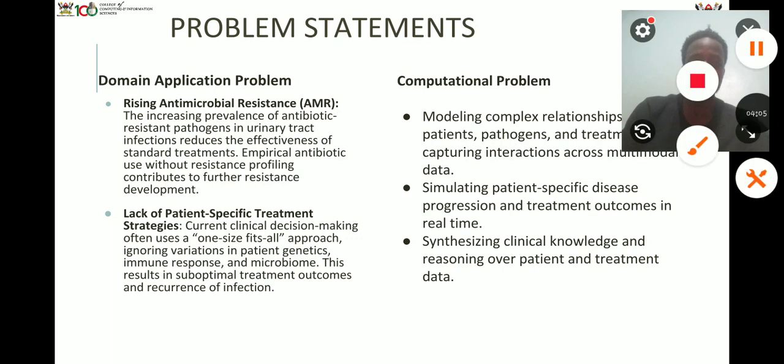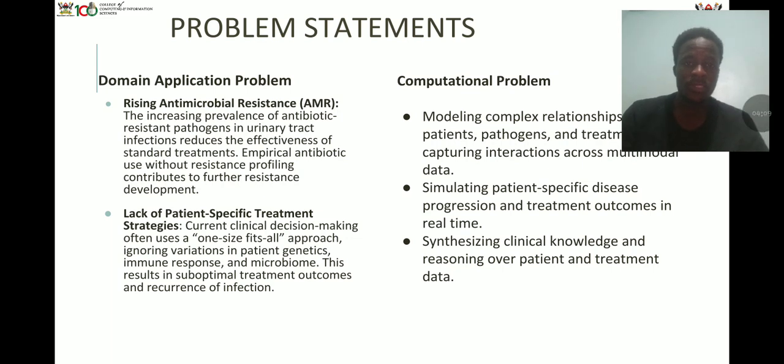Next, I'm going to talk about the problem statement. I'm going to start with the domain application problem. The first problem is the rising antimicrobial resistance. This is a problem because the normal antibiotics that exist are no longer able to treat the urinary tract infections, and for this reason the UTIs keep rising.